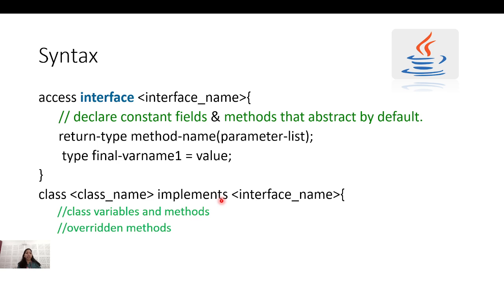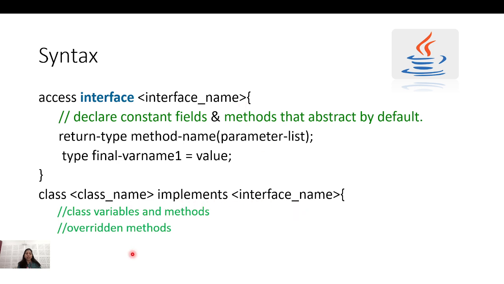But in case of interface, if I want to implement a particular interface in my class, then I will use the word implements. Then the interface name, whatever the interface I want to implement in my class.